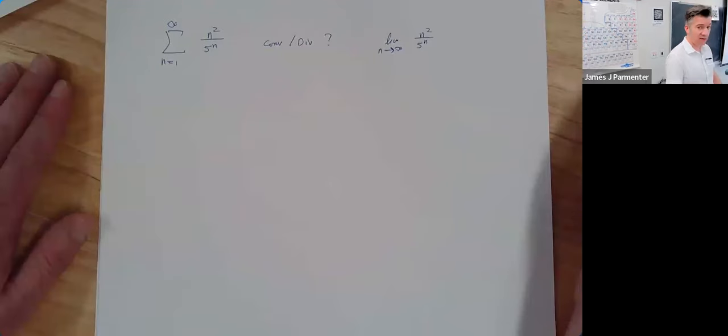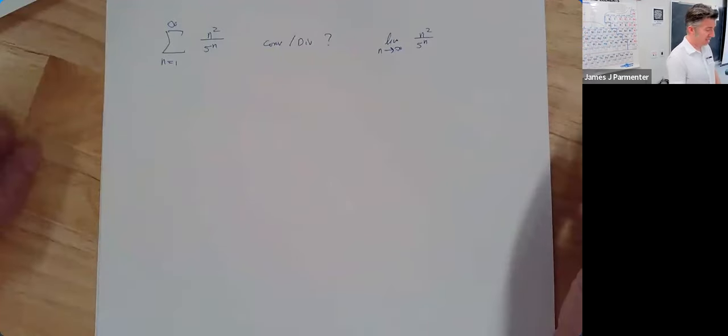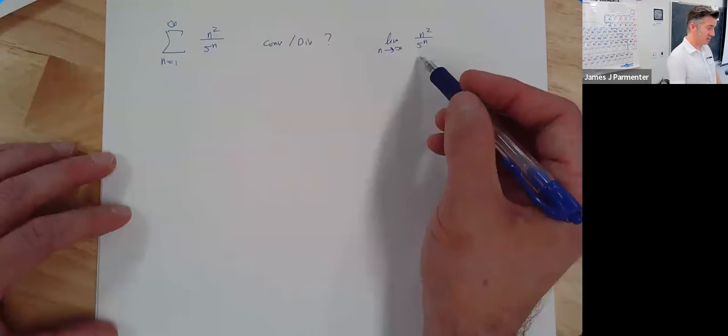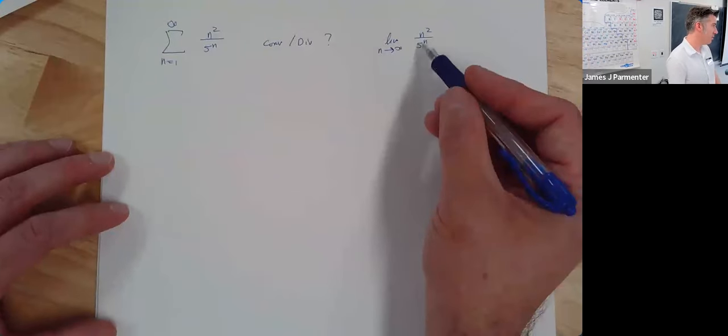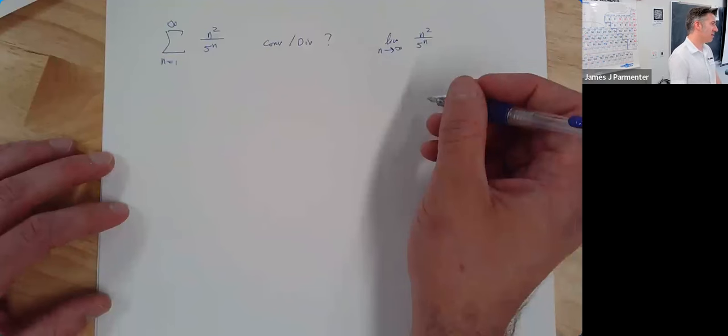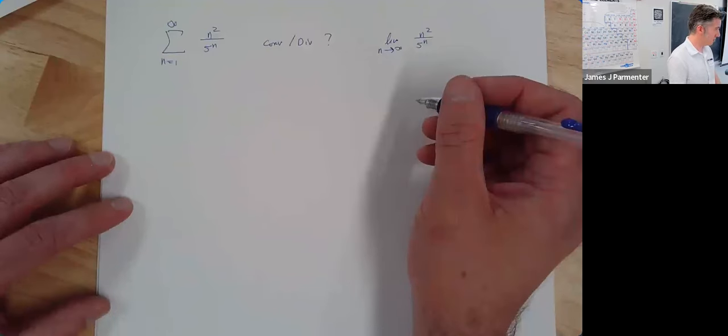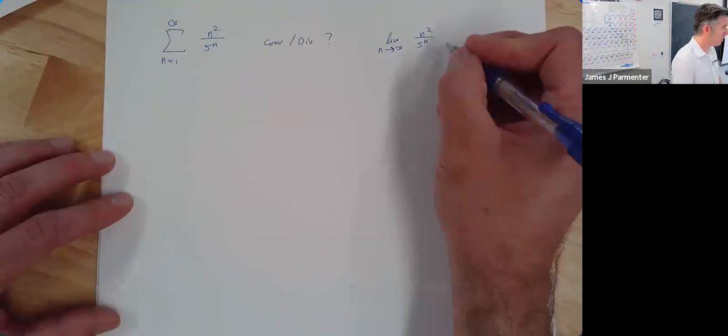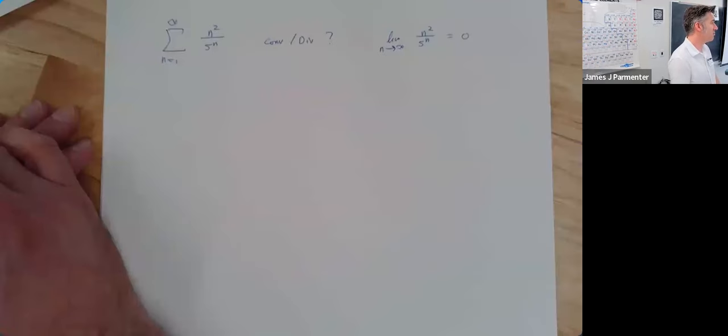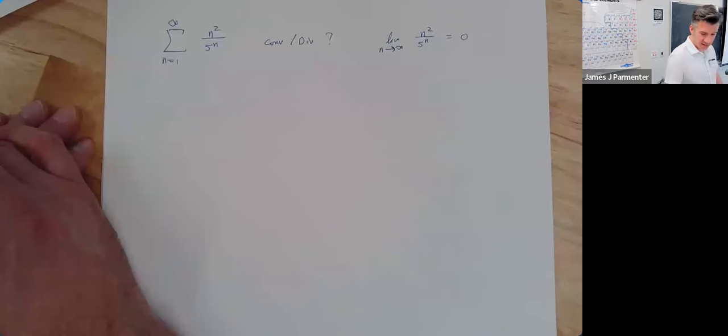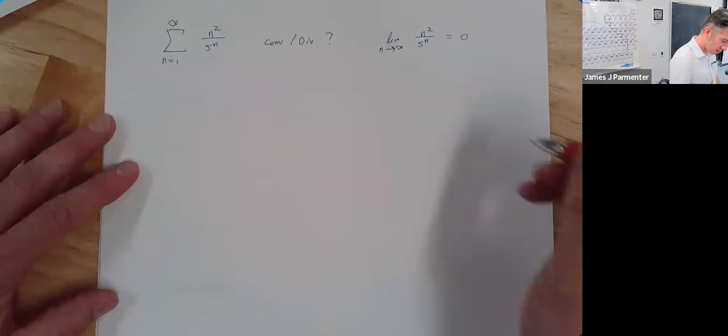And you can either justify that to yourself by saying the bottom thing is an exponential function, and exponential functions always overpower polynomial functions. You could also use L'Hopital's rule twice. But it's 0, which tells us nothing, right? This means great. Do more work.